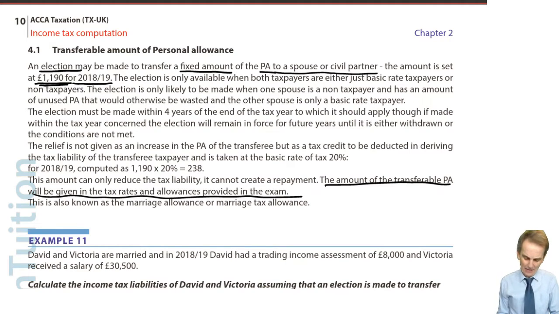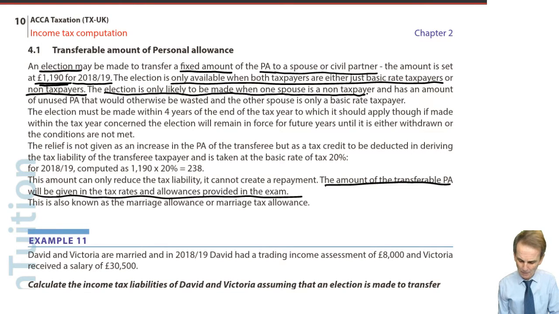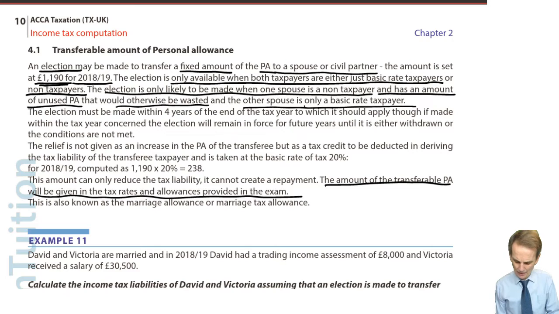Now, the election is only available when both taxpayers are either just basic rate taxpayers or, and rather more likely the situation, the election is only likely to be made when one spouse is a non-taxpayer, they've got an unused personal allowance, and has therefore an amount of unused PA that would otherwise be wasted, and the other spouse is only a basic rate taxpayer.